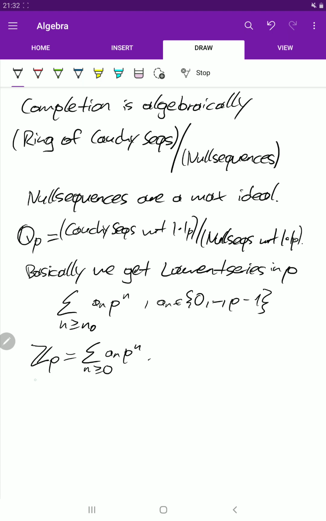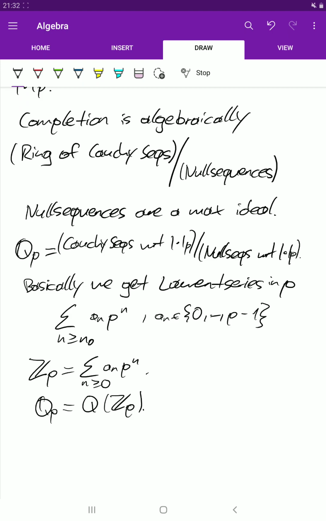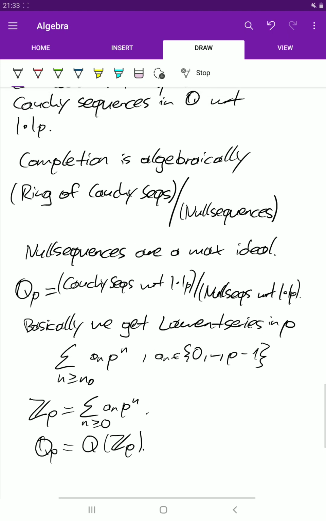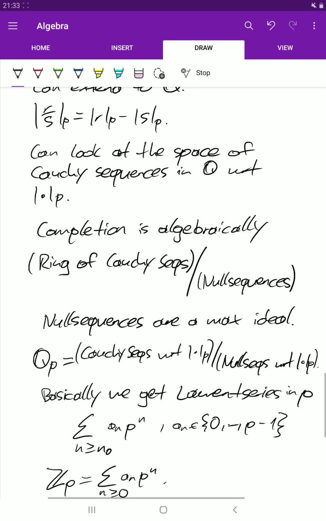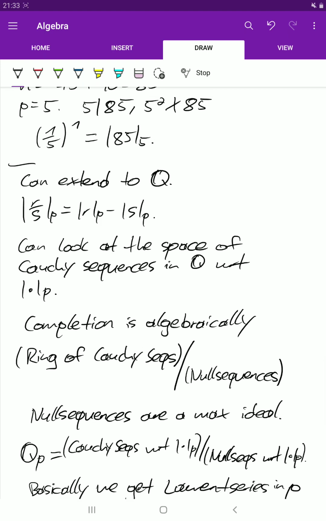And so these are the p-adic integers, and actually Qp is just the field of fractions of the p-adic integers.